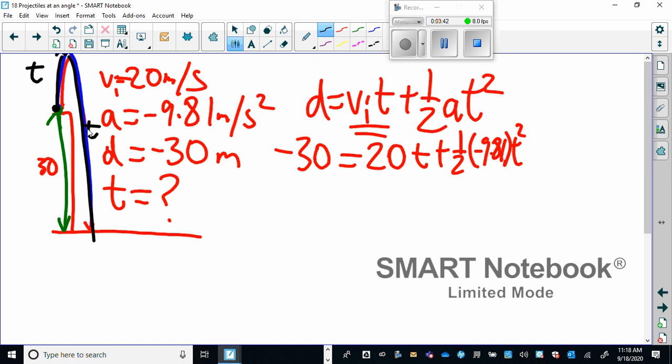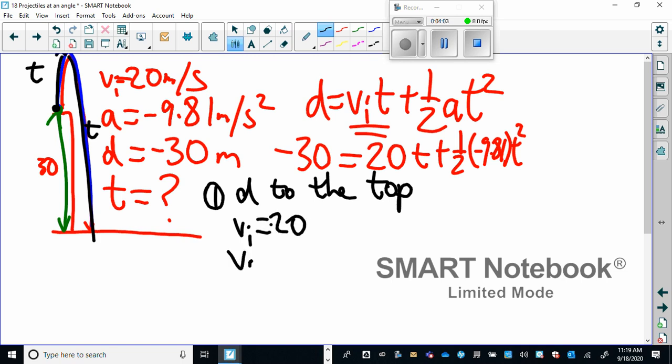So we'll start with the displacement, and this is all vertical component. So step 1 is the d to the top. The information that we're going to use for that one is di is 20, vf, since it's the top, is going to be 0, acceleration due to gravity is negative 9.81, and we're trying to find the displacement.